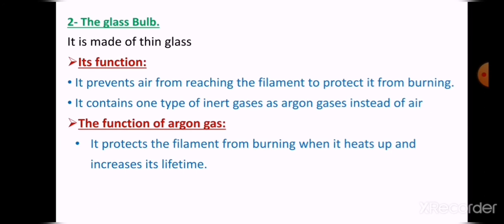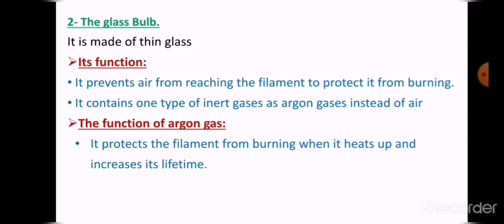And it also contains one type of inert gas, like argon gas. So the glass bulb contains argon gas instead of air.